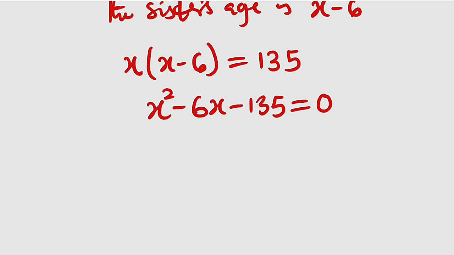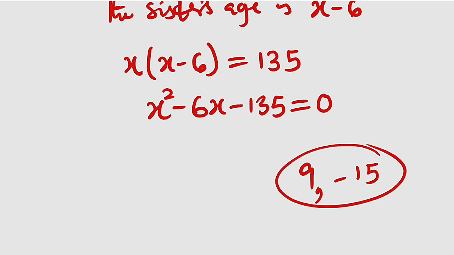So all we need to do is think of two numbers which, when we multiply them together, we get negative 135, but when we add the two numbers together, we get negative 6. And the numbers are positive 9 and negative 15. Multiply these two numbers, you get negative 135. And when you add them, which is the same thing as 9 minus 15, you get negative 6.